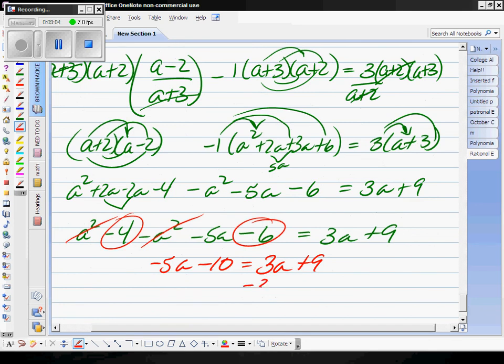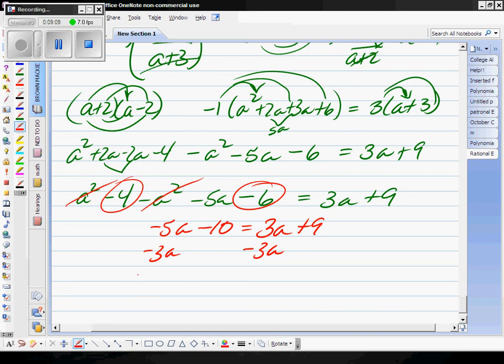So now we need to solve. So subtract the 3a from both sides, because I like my a's on the left hand side most of the time. And that gives me negative 8a minus 10 equals to positive 9. So I'm almost done.